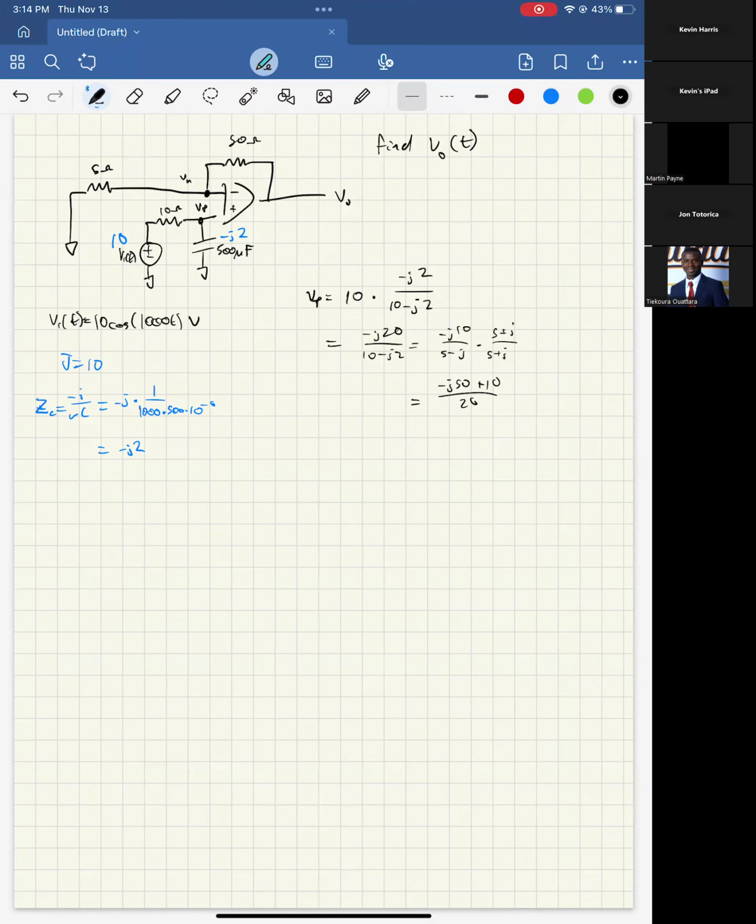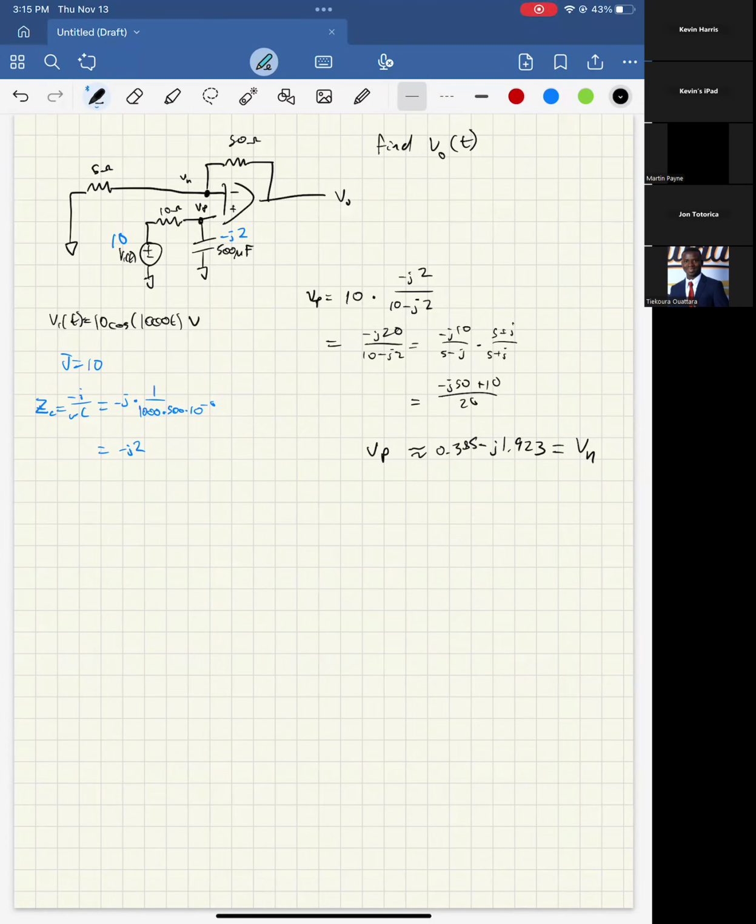That feels like a weird number. Oh no, I'm doing it right. Okay. And this is about 0.385 minus J1.923. So that's VP, right? And so then that is also Vn.